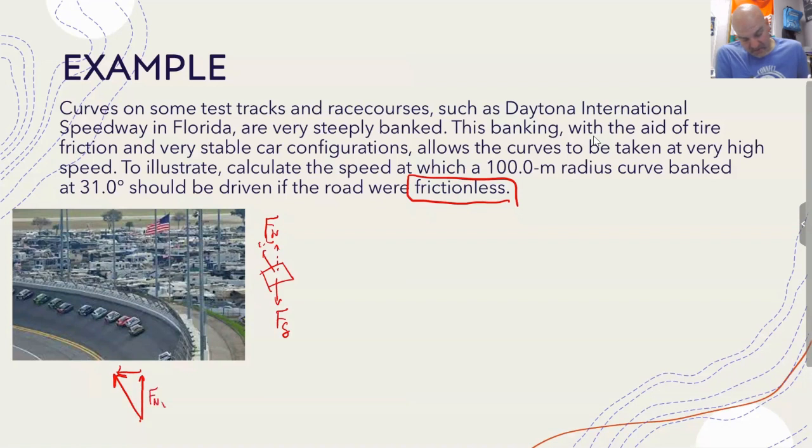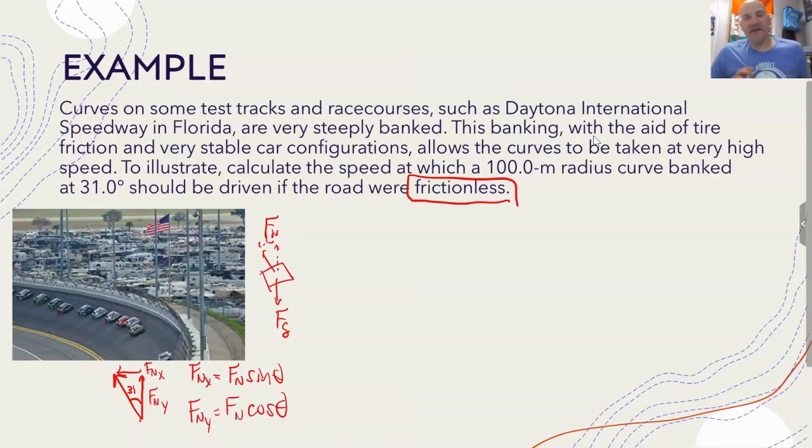So this would be Fny, this would be Fnx. Because this is the angle of the banking, it flip-flops our sine and cosine, much like when we do the weight on an incline plane. So Fnx will be Fn sine theta, Fny will be Fn cosine theta.